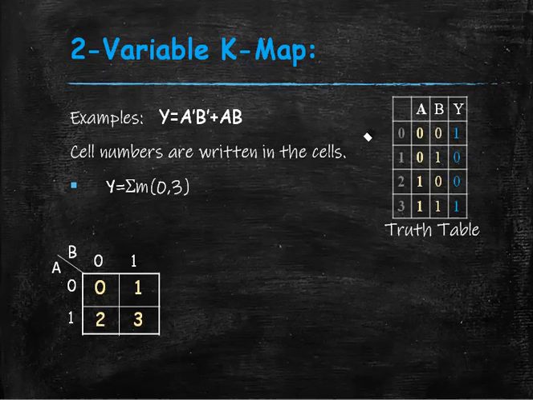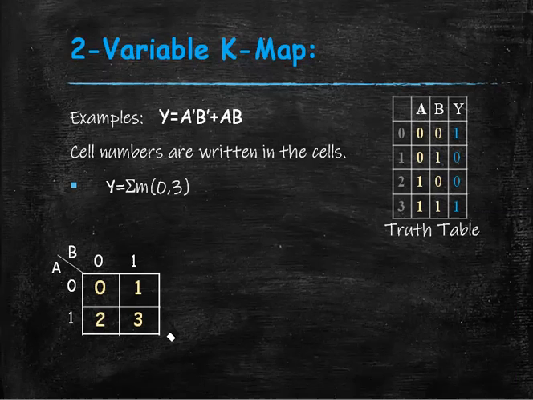And now we go into how we obtain a K-map from the truth table, or from the Boolean expression, or from the SOP form. Here we are given the form of a two variable K-map.